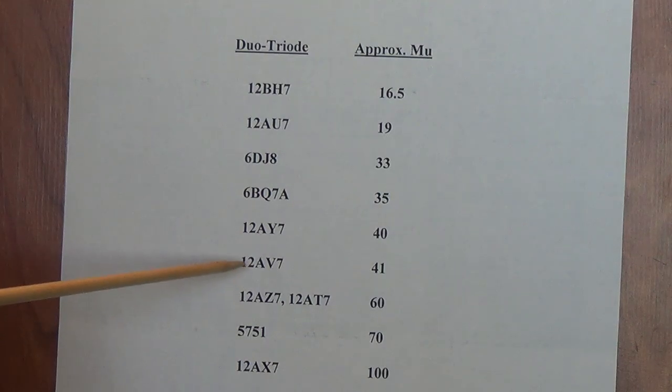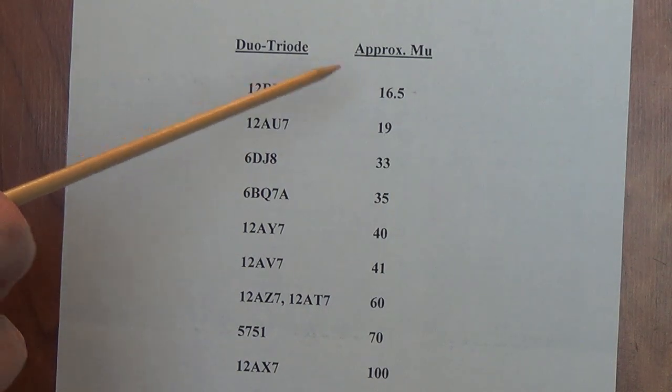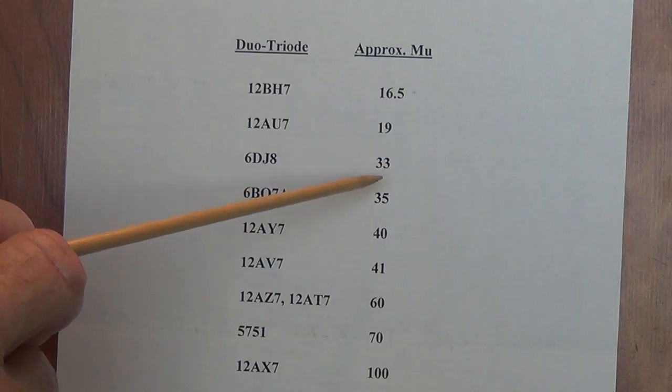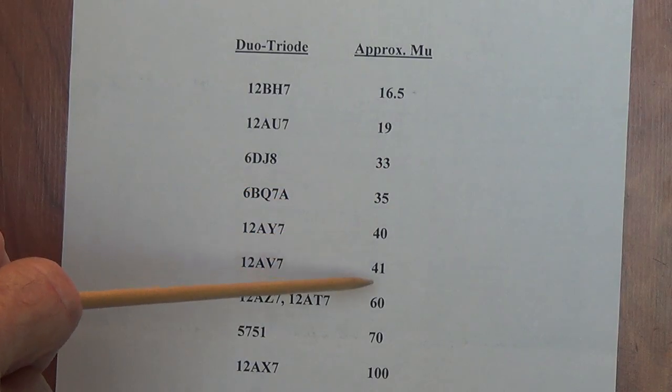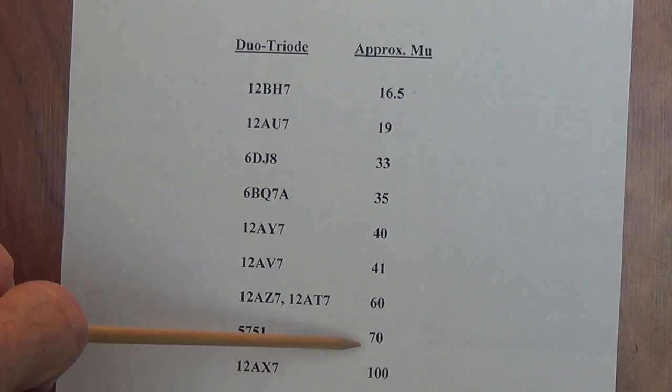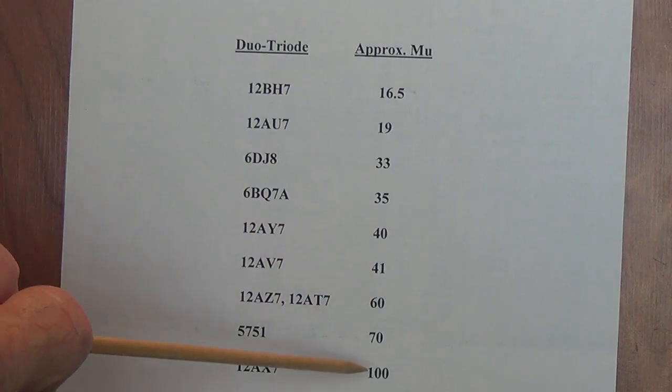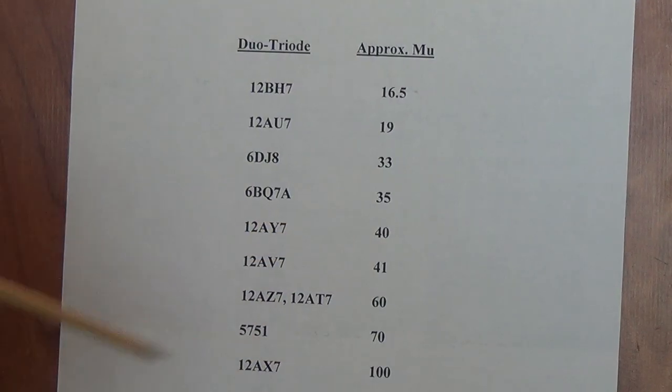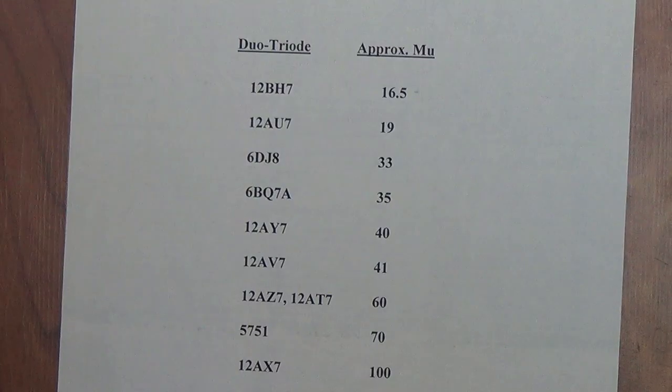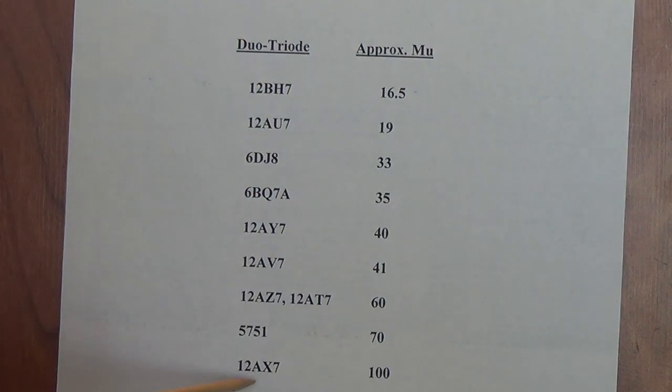Most of these you've probably heard of or seen, but it allows you to pick tubes for your preamp or for your phase inverter which have an ideal amplification factor for your purposes. The maximum is the 12AX7 with an amplification factor of 100, which sounds like it's very high, but it's not, as we will see.